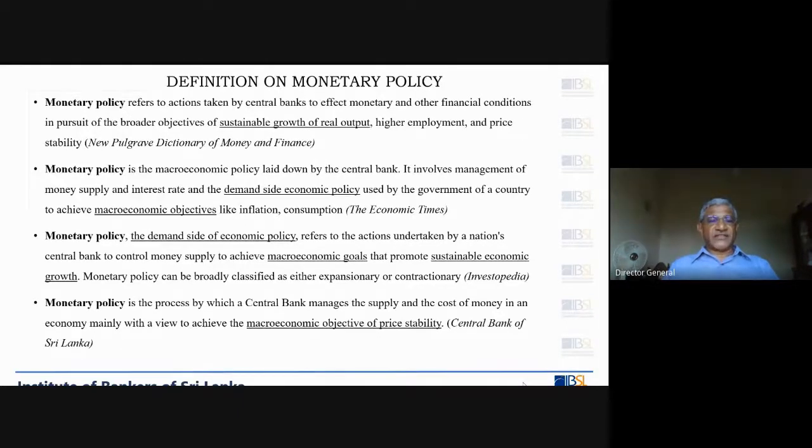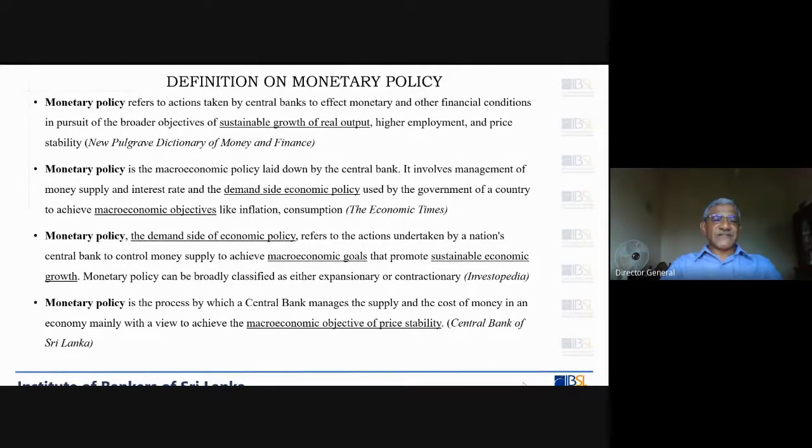I'm going to read this slowly. You can see there are 4 definitions, but if you go to the internet, you can find many hundreds of definitions. But I picked up the major ones.